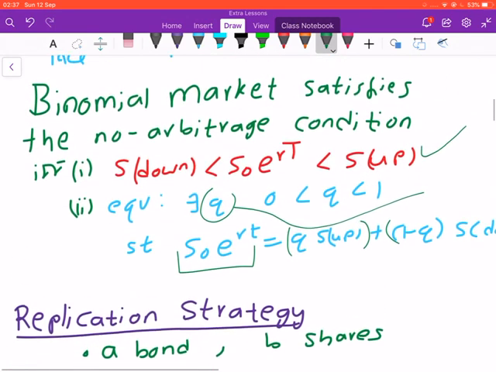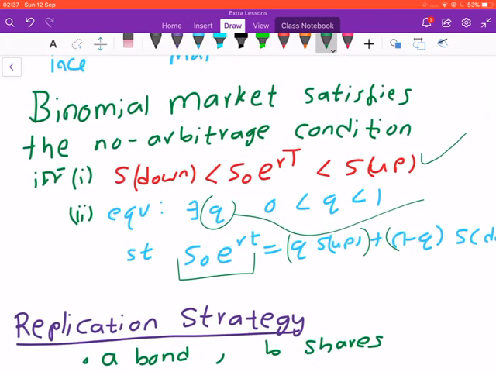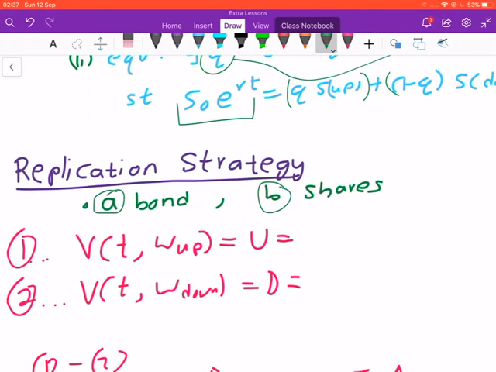So here we are trying to find a strategy so that we can invest in a risk-free bond as well as in a share. We are trying to find how many bonds, which we will declare by A, and as well as B number of shares, so that we can find a strategy to find the value of our option.